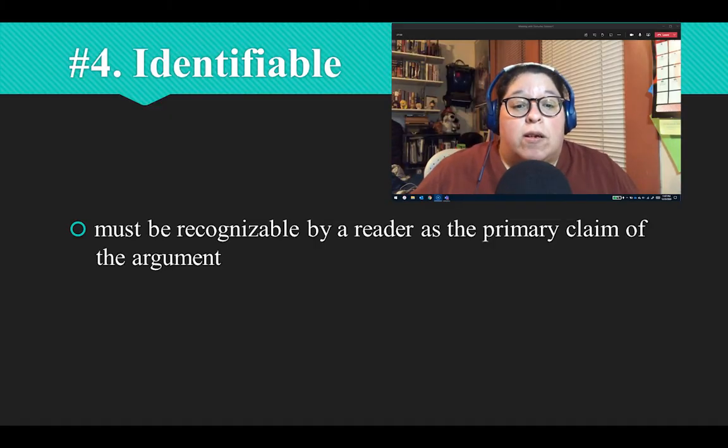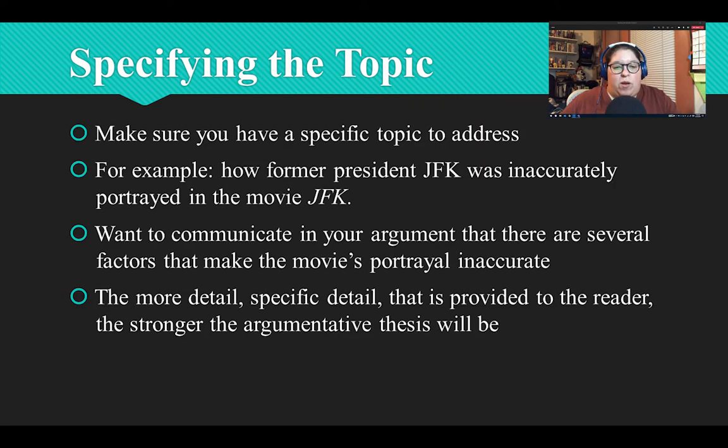And number 4, identifiable. The thesis statement must be recognizable by a reader as the primary claim of the argument. One important element to the argumentative thesis is making sure you have a specific topic to address.